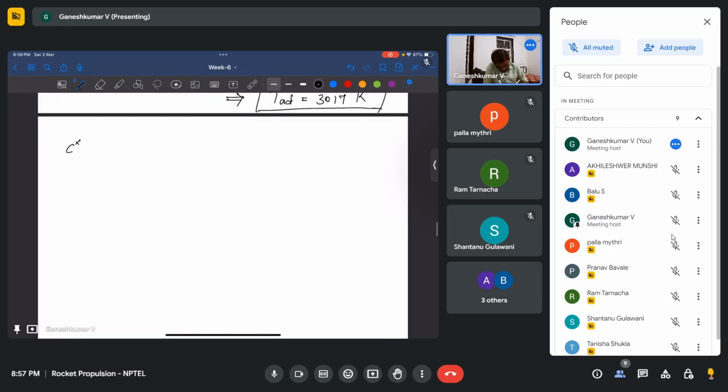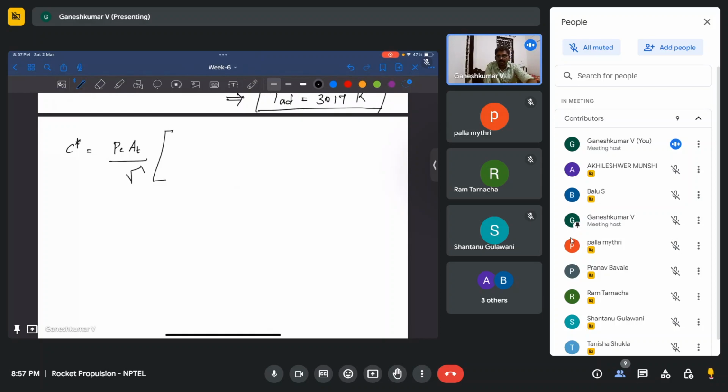C star is nothing but P_c A_t by m dot, where m dot is... how will you write this? Some gamma times... what was the formula? I mean, you guys know the formula.